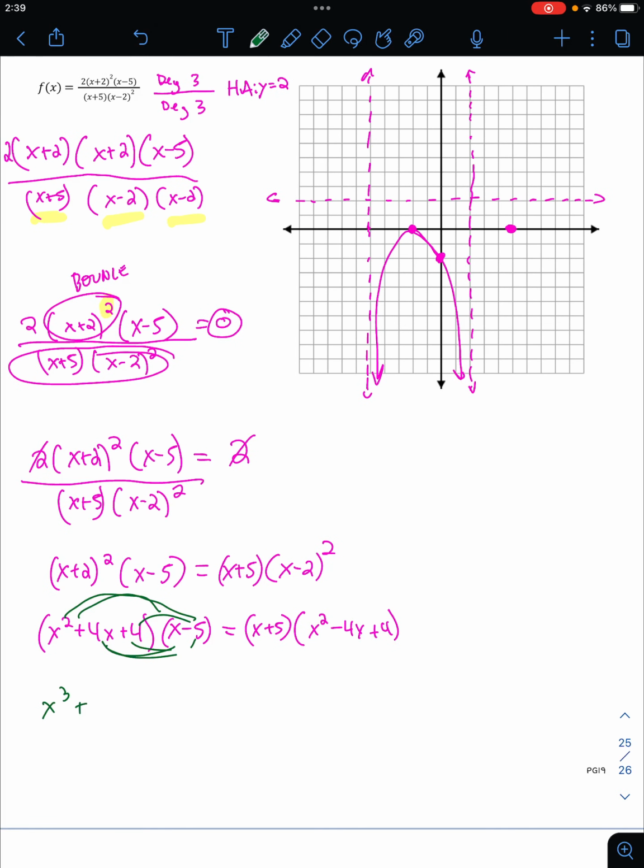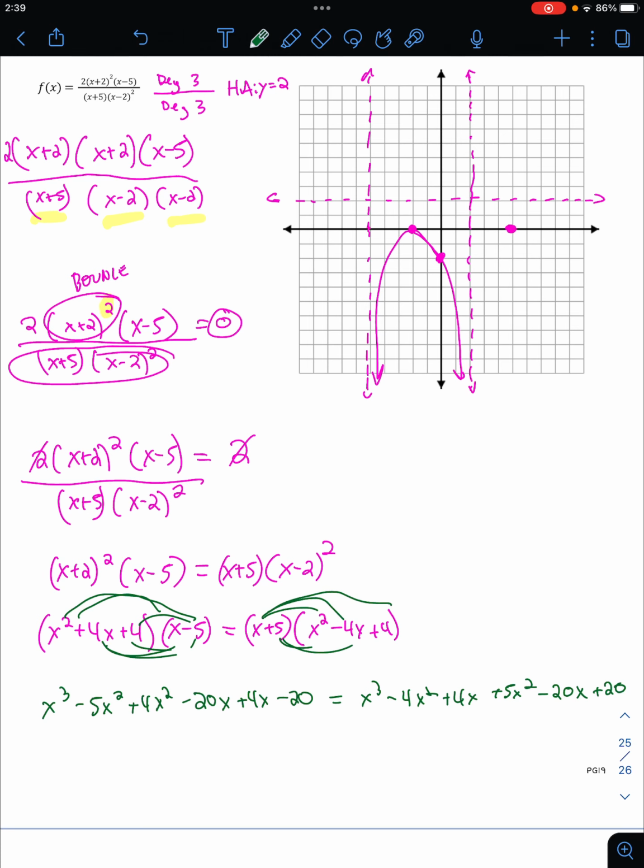So I get x cubed, well, let's do it this way. x cubed minus 5x squared plus 4x squared minus 20x plus 4x minus 20 equals, distributing, x cubed minus 4x squared plus 4x plus 5x squared minus 20x plus 20.